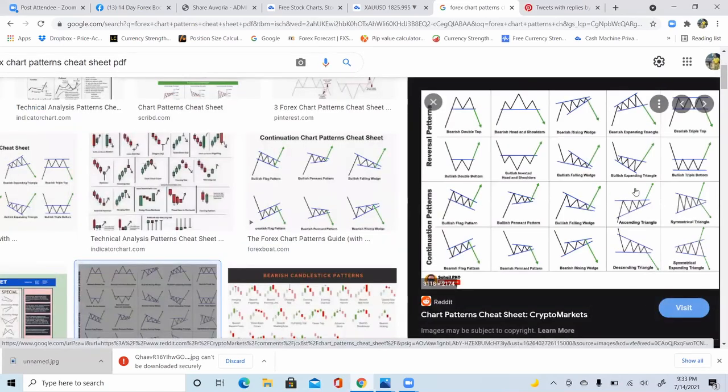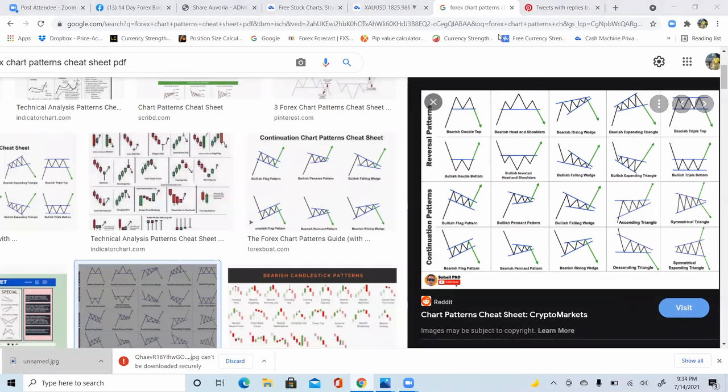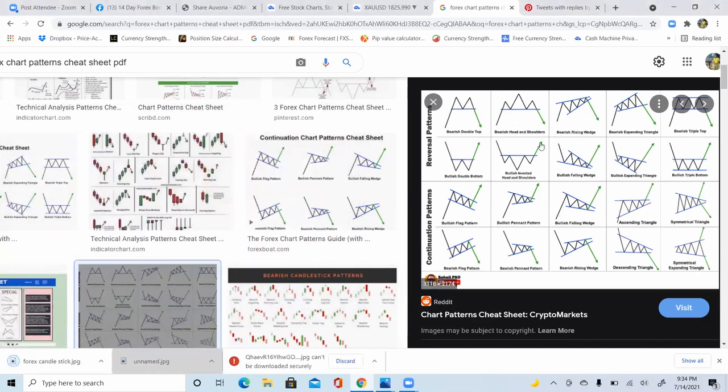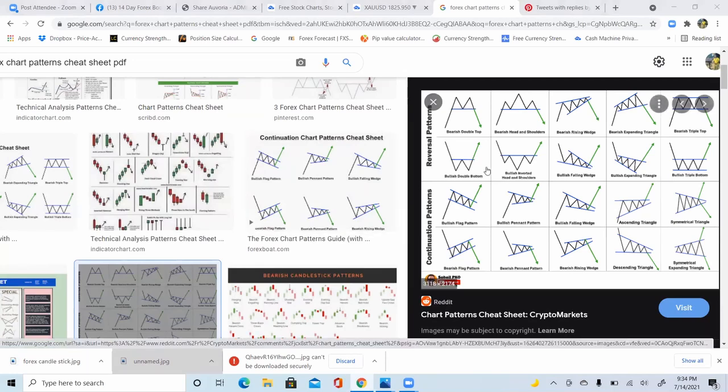So these give you an outline of the candlestick moves. Okay, let's do it this way. I'm going to save it, and then I'm going to post it in the chat. And then I'll post it in the description of the recording.